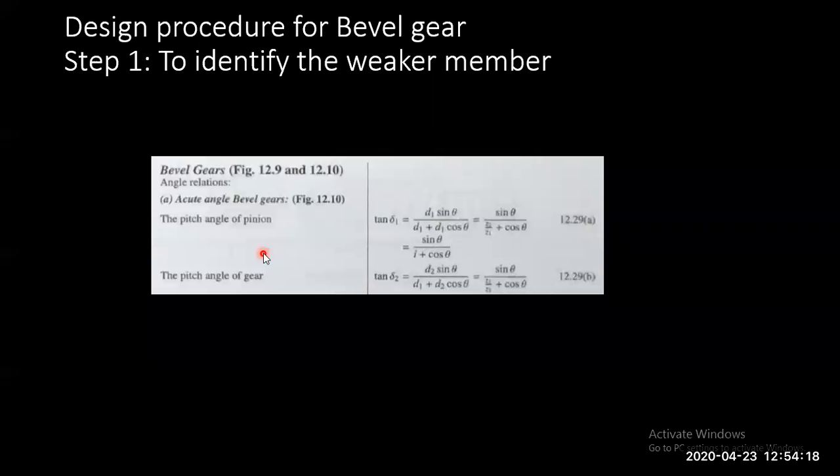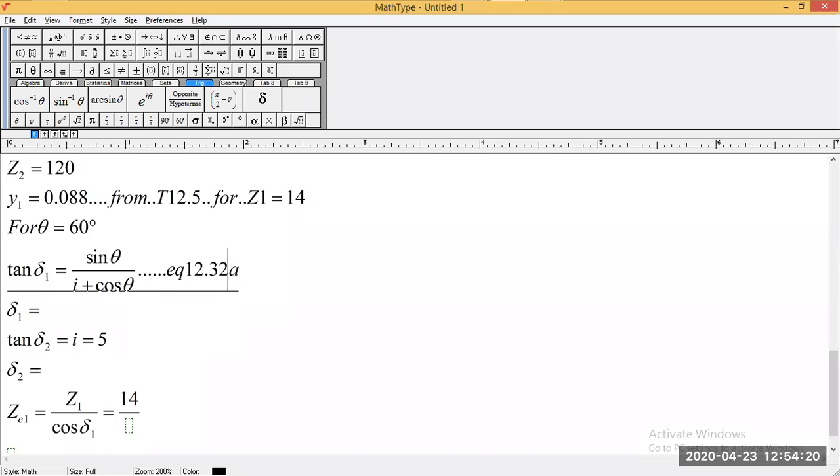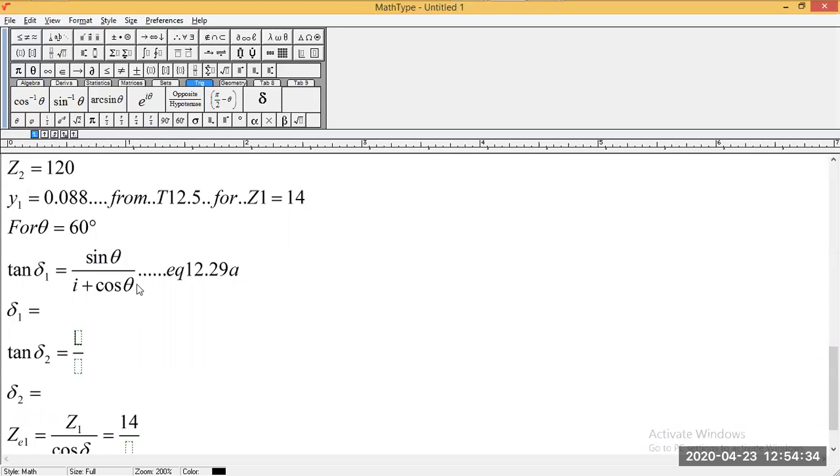This is 12.29 A. So be careful while taking this. 6 became 9 in my case. Let me do this once again. Here I'll inverse this, so this is 1 by I.